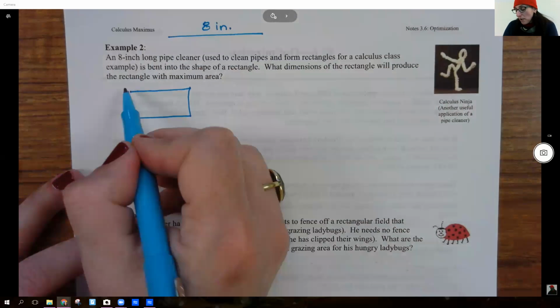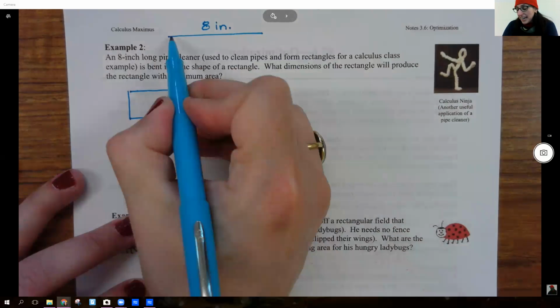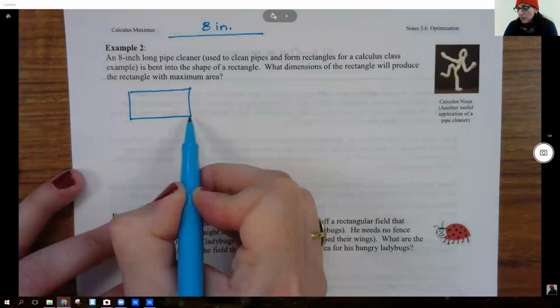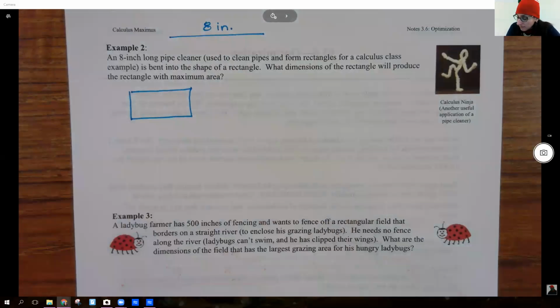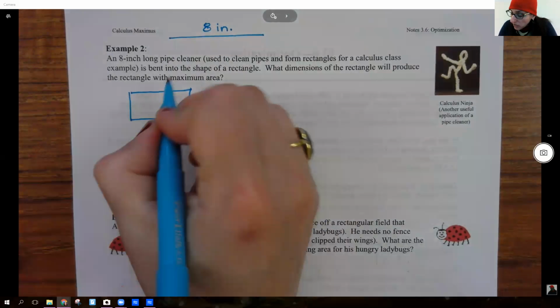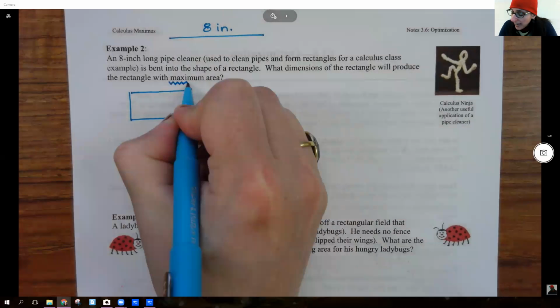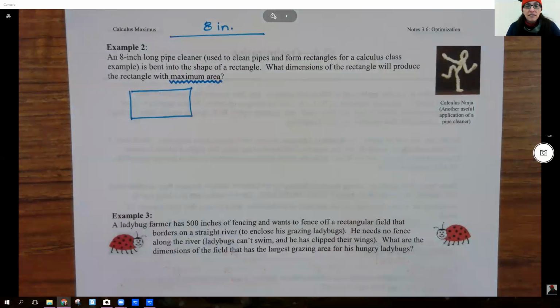So like bend your pipe cleaner so that this 8 inches wraps around a rectangle. What dimensions of the rectangle will produce the rectangle with the maximum area? So we are trying to maximize area. So tell me, what is the formula for the area of a rectangle?